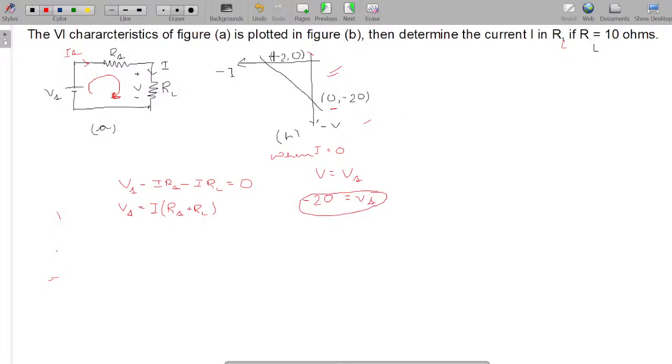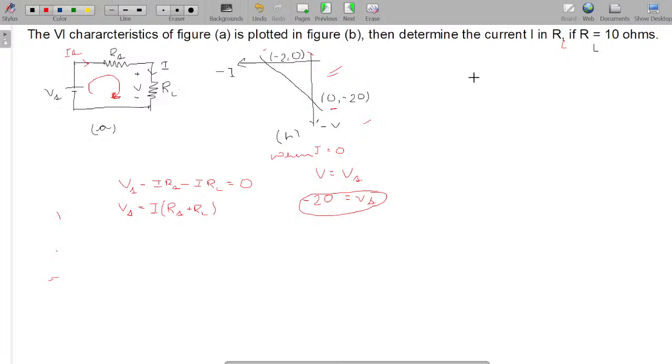Now we need to utilize the other point. Clearly, in this case the voltage is 0. When would the voltage across any element be 0? Whenever there is no potential drop across an element, it suggests that the two points are at the same potential.